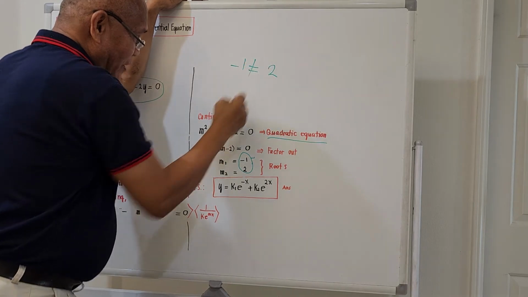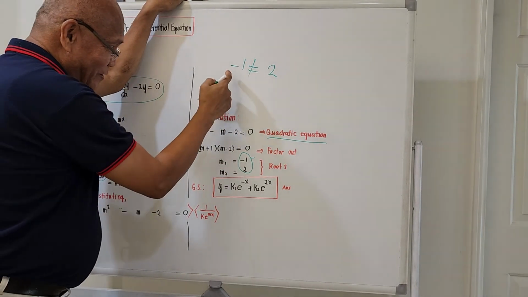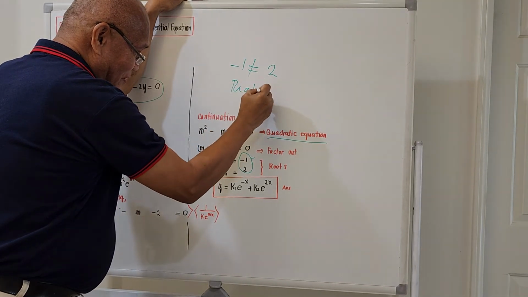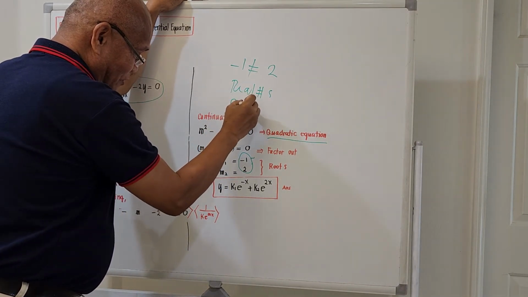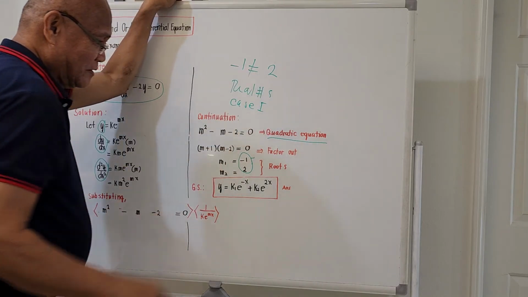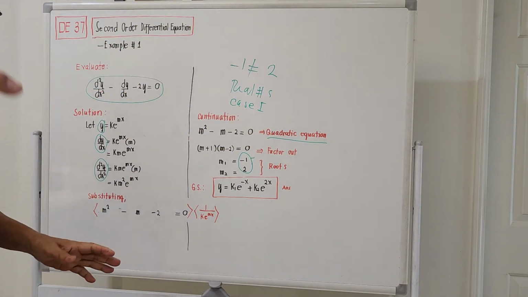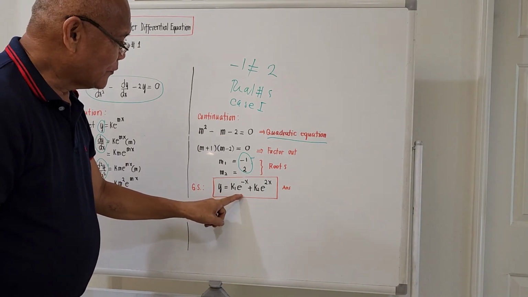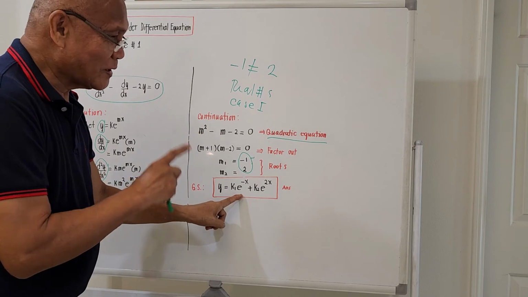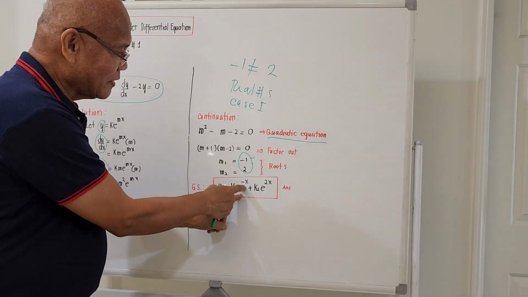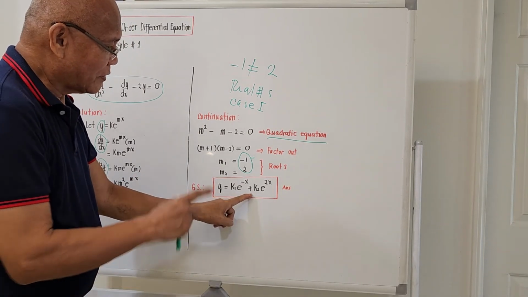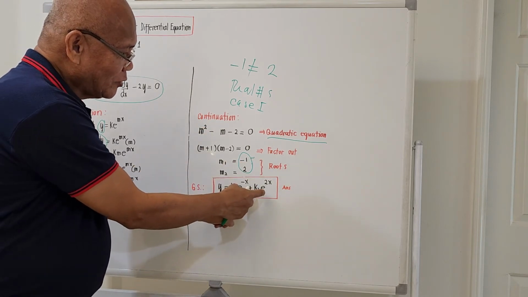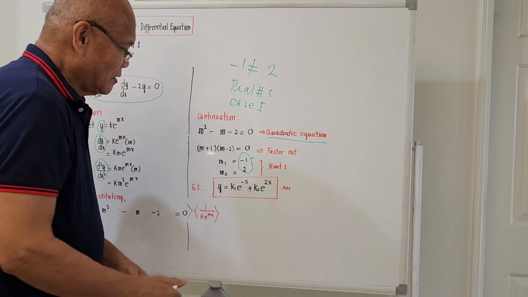And they are not equal, and minus 1 and plus 2 are both real numbers. So this falls under case number 1. The general solution now will be equal to k1 e raised to m1, which is minus 1 times x, so it will be simply negative x, plus k2 e raised to m2, which is 2 times x, so the exponent will be 2x.